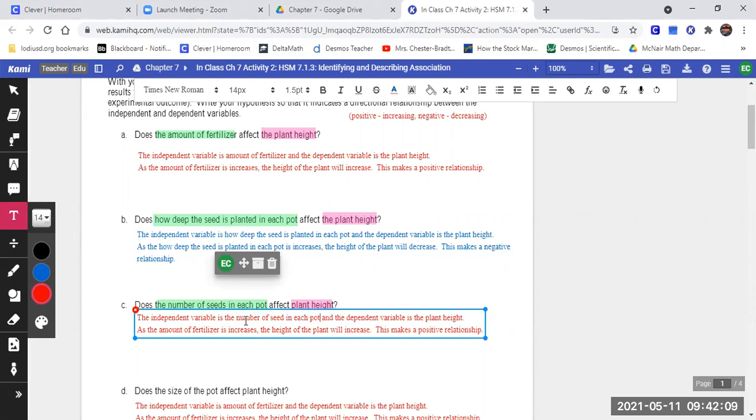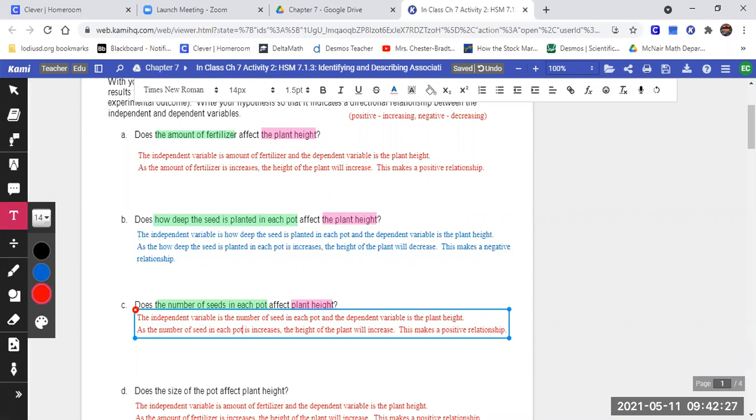The dependent variable is the height. Copy and paste the phrase, the number of seeds in each pot, because I don't want to type it again. This is where Cammie's beautiful, because I don't have to write it again.